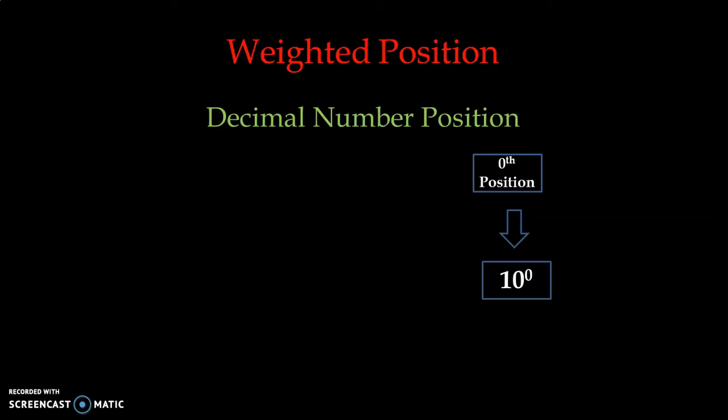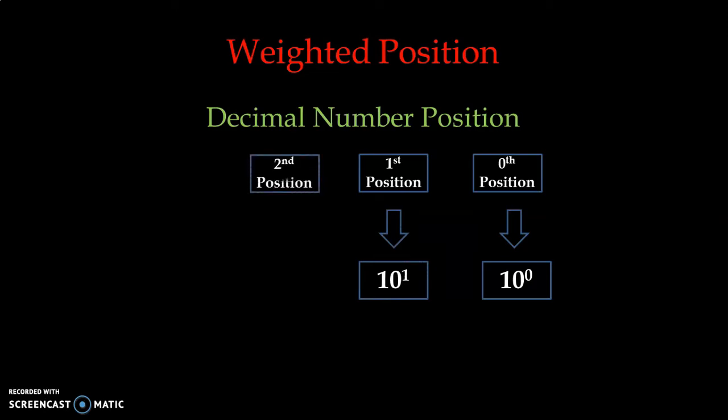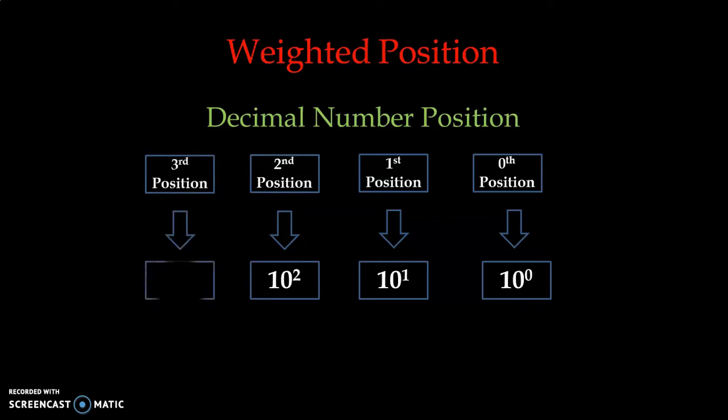So 10 raised to 0, then first position 10 raised to 1, then second position we have 10 and power 2. Same way, third position we have 10 raised to power 3, and as we go further to the left side, the value of the number goes on increasing.